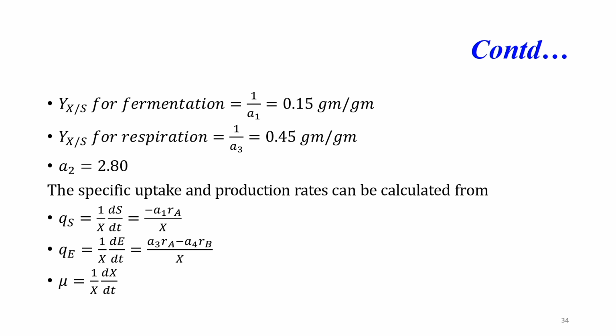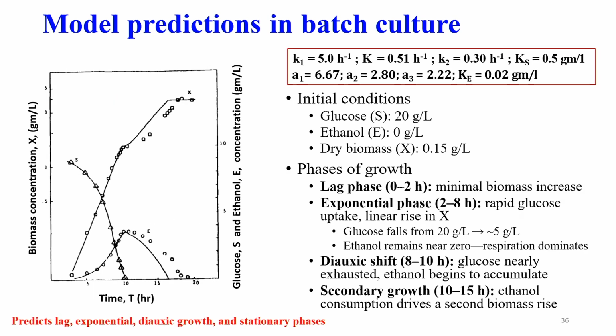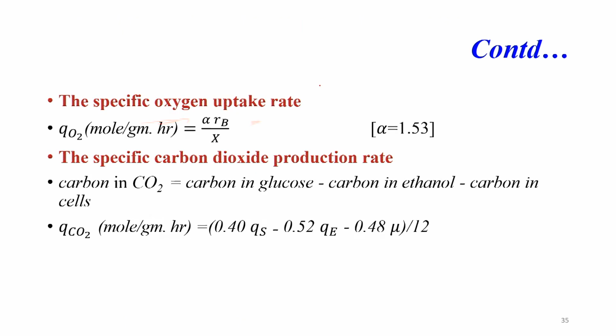So, from these expressions, what will be the yield of the fermentation process? The first one is 1 upon A1, the stoichiometric coefficient of the substrate, and the value of A1 from the experiment was found to be 6.67.